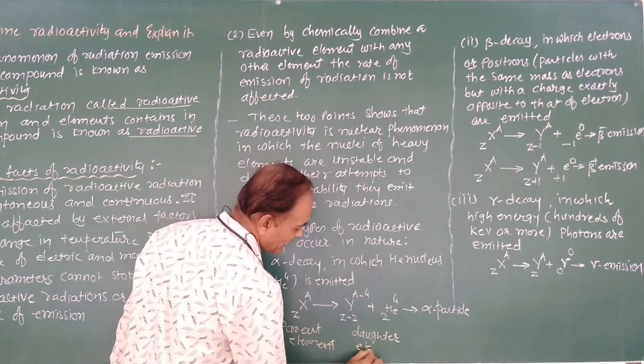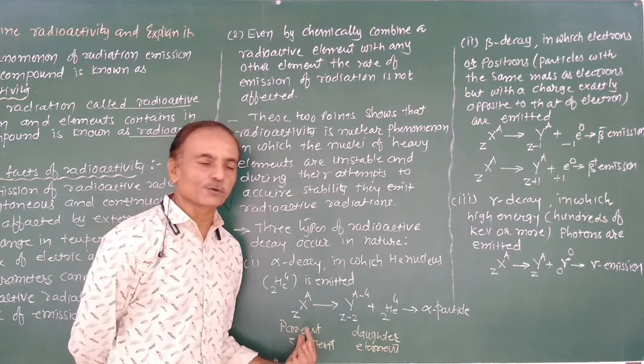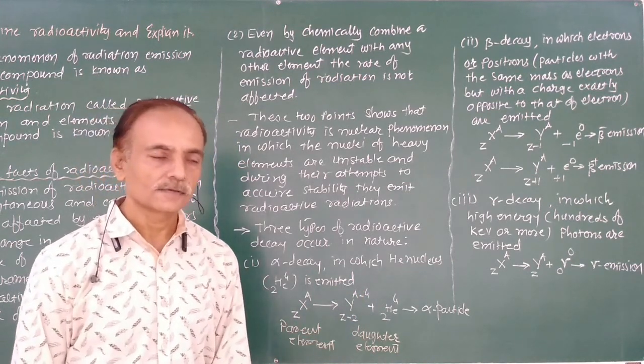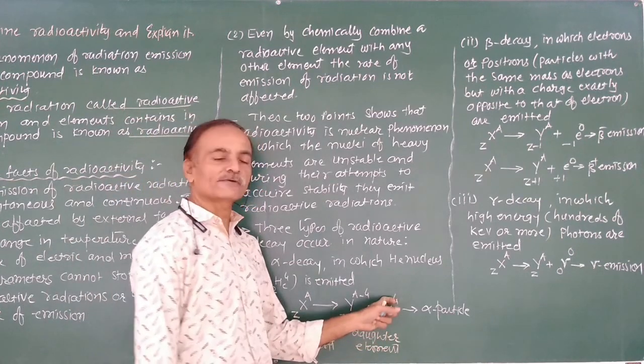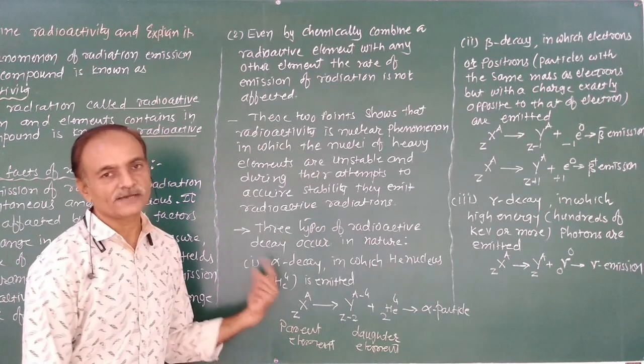The daughter element has its atomic number decreased by 2 and atomic mass number decreased by 4. Therefore, the helium nucleus, that means the alpha particle, is emitted in this radioactive radiation.